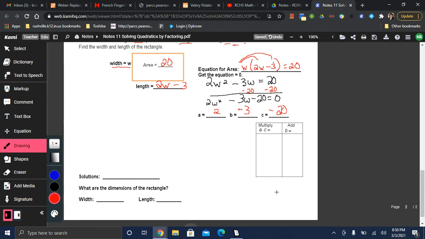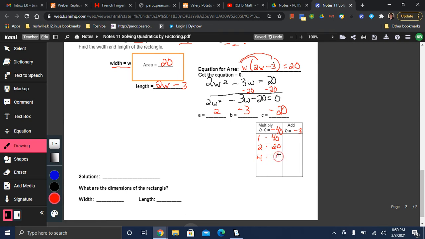I'll be filling in my chart. So looking at what multiplies to A times C. Well, 2 times negative 20 is negative 40, and then adds to B, which is negative 3. So if I think about 40, I have 1 times 40. I have 2 times 20. Nothing's adding to negative 3 yet. 3 does not work.